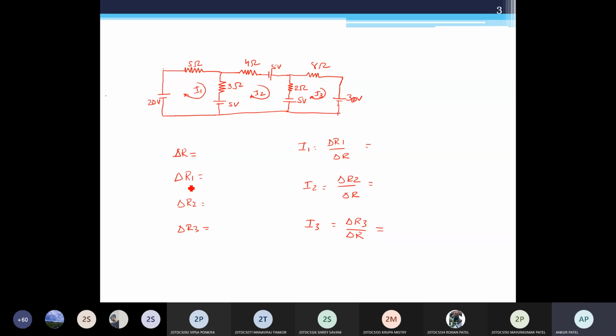Then for delta R1, to find I1, replace the coefficient of I1 by the voltage or constant. For delta R2, change the coefficient of I2 by the voltage source or constant, and for delta R3, change the coefficient of I3. So you get delta R1, delta R2, delta R3.